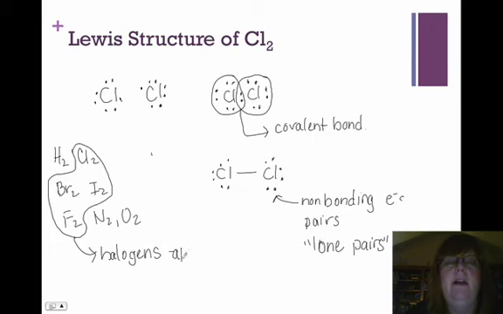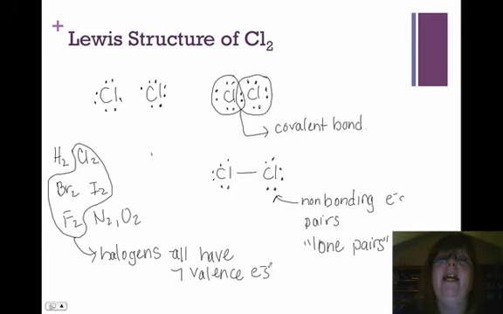They all have 7 valence electrons. That's why these families are so similar. And so the bromine and the iodine and the fluorine would all be just like this chlorine, where they're sharing 1 pair of electrons. So let's go on and draw oxygen.